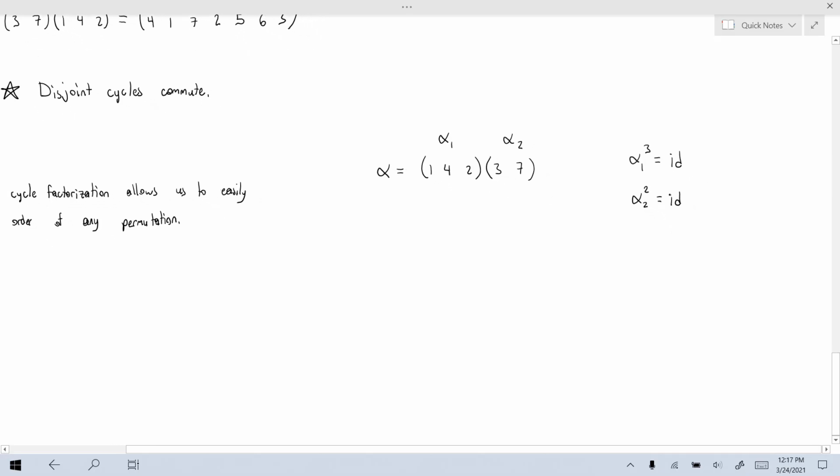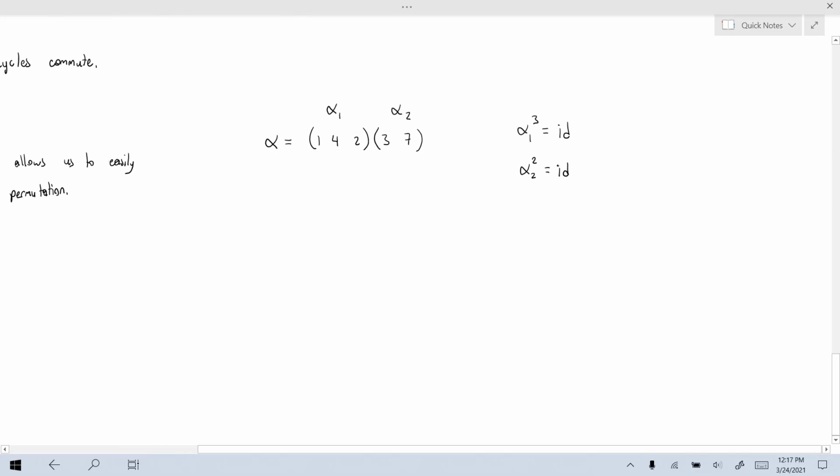So in general, alpha 1 raised to the power m is the identity if and only if m is a multiple of 3.